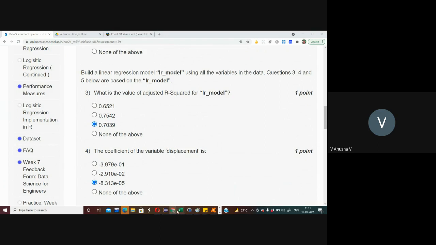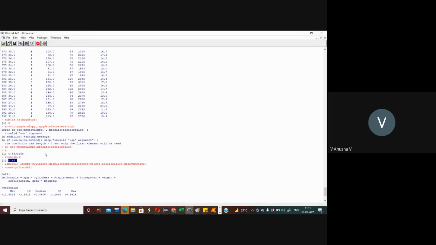So I'm going into RStudio again and writing lm of MPG, because I am going to predict MPG depending on all the other variables present in the data set. If you remove MPG, you will be left with cylinders, displacement, horsepower, weight, and acceleration. The data frame you're going to refer to is mpg data. Once the linear model gets created, it's stored in LR model.